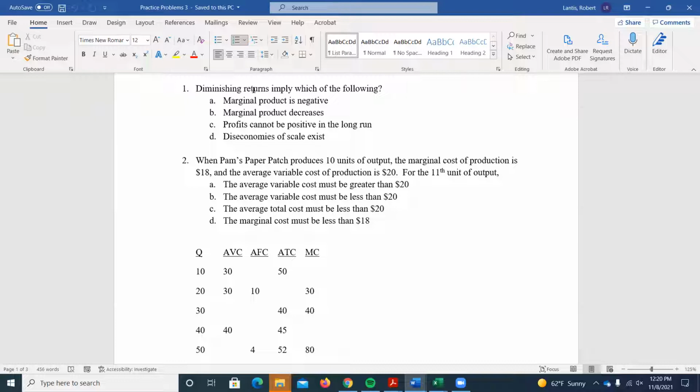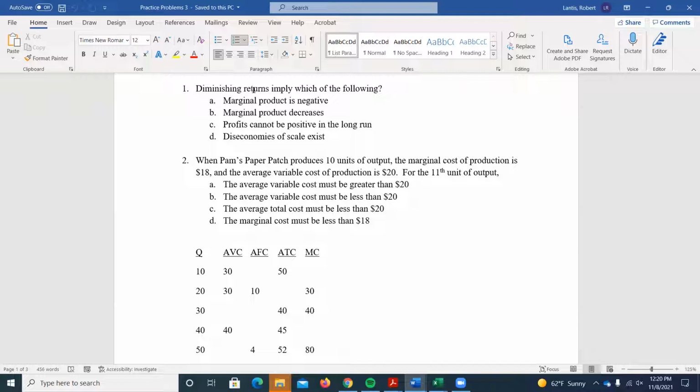Okay. We then said that was related to costs, because as I wanted to produce a higher and higher level of output, that meant I have to hire more and more workers. But now I'm hiring less and less efficient workers.